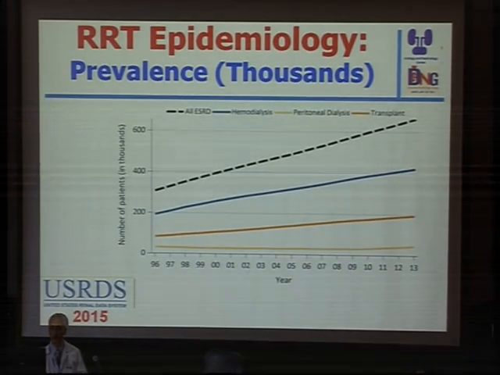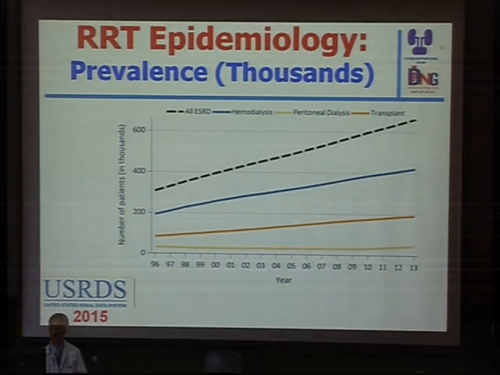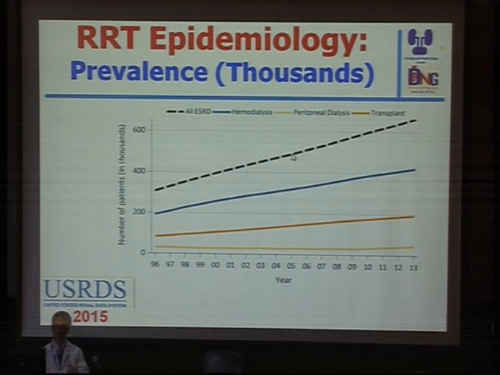To start with, regarding the epidemiology, if you look at the last report of the United States Renal Data System, you will find that through the years from 1996 till the current data, the number of patients treated with interstitial disease are expanding.